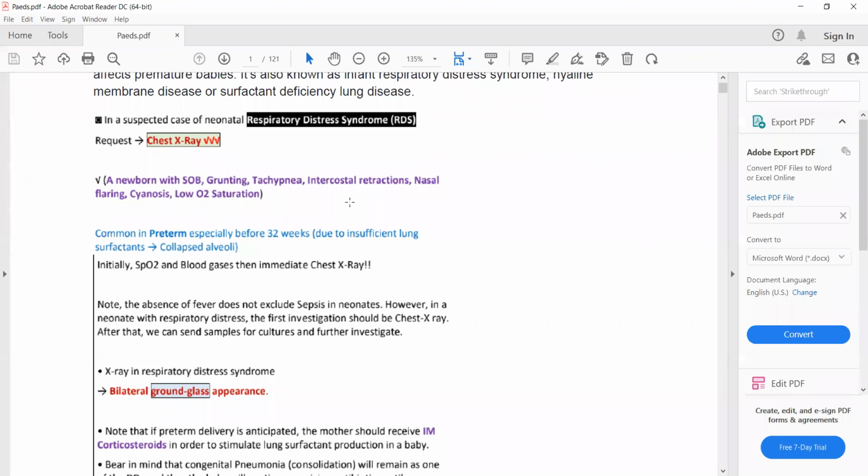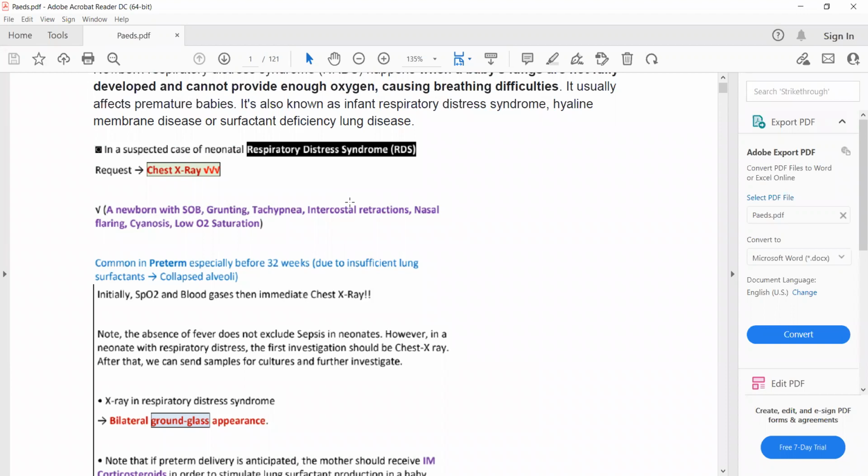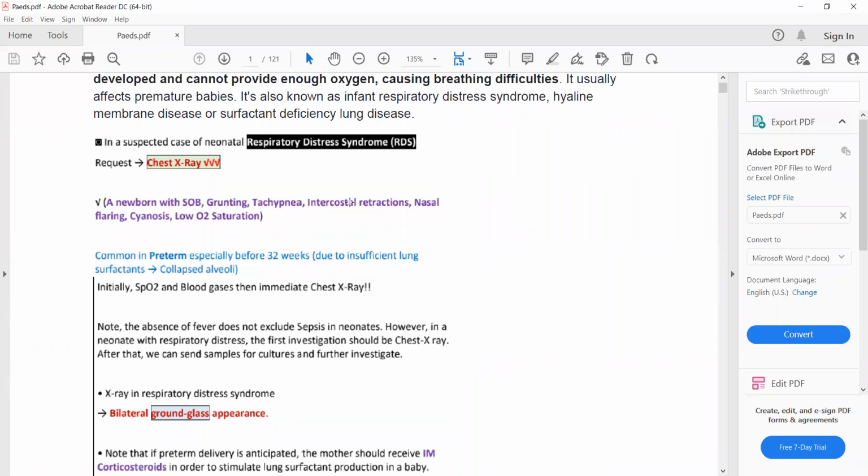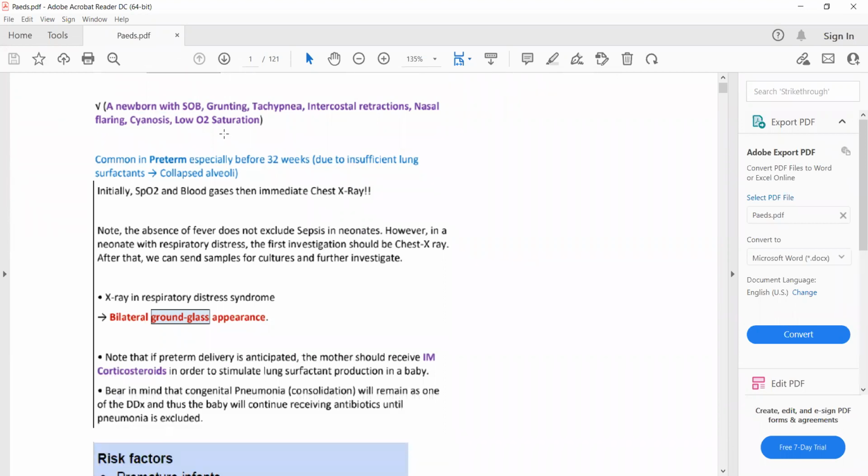So if these features are present, we suspect a respiratory problem due to insufficient lung surfactant, which leads to collapsed alveoli.